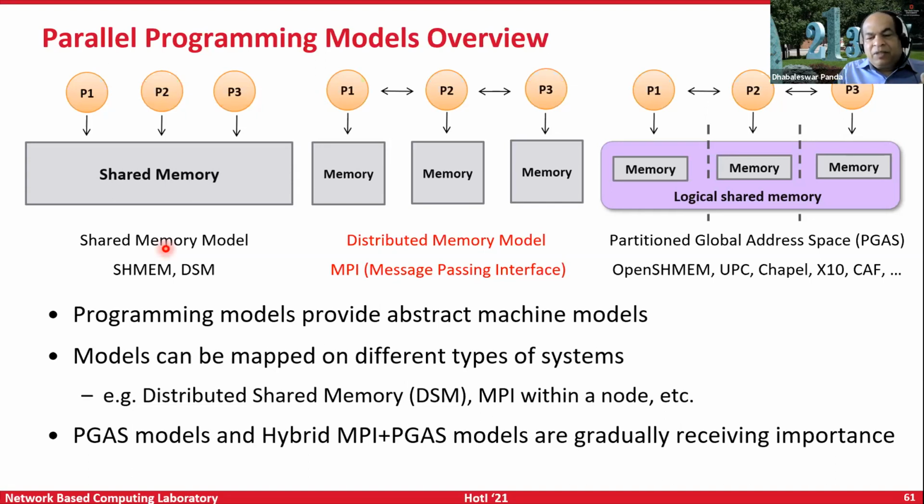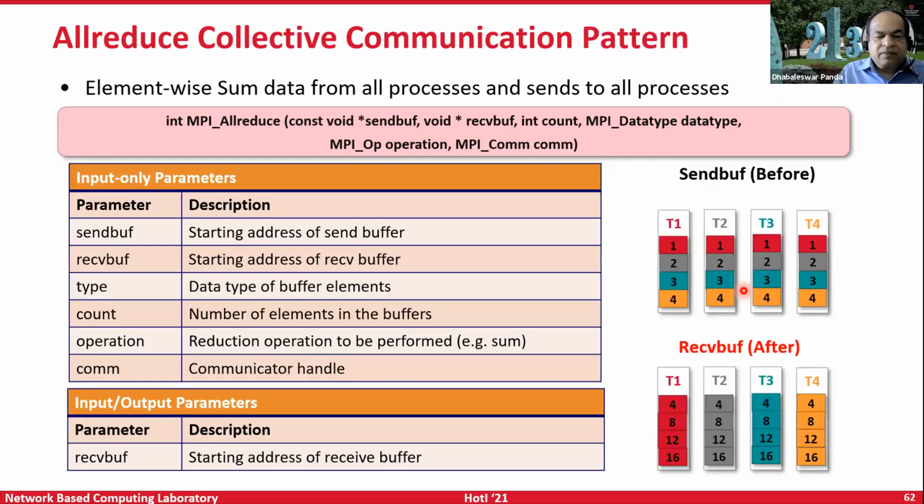And then people have proposed a kind of hybrid called Partitioned Global Address Space, or PGAS. That means it is a logical shared memory: I have multiple nodes, and across nodes also I can do shared memory, but this is logical, so it's not cache coherent. In that context, there are solutions like OpenSHMEM, UPC, Chapel, etc.